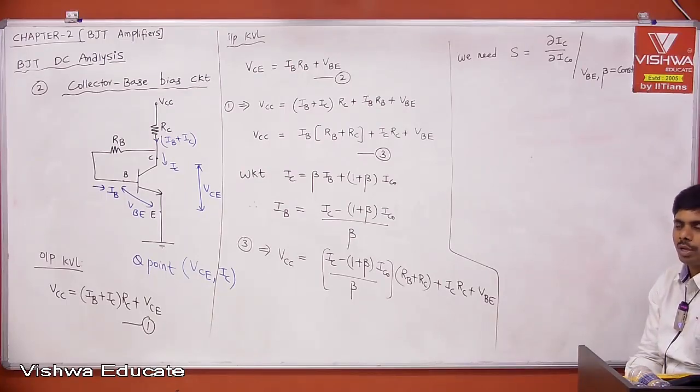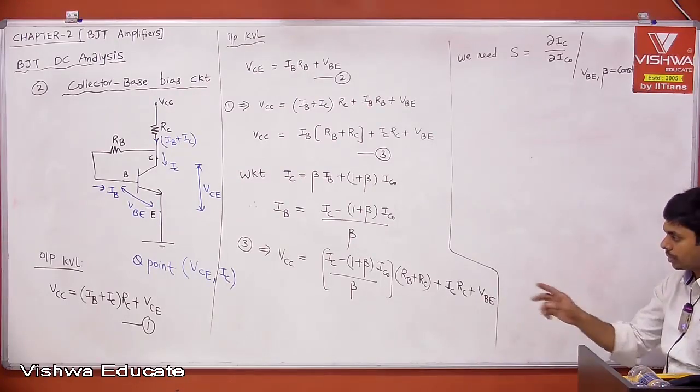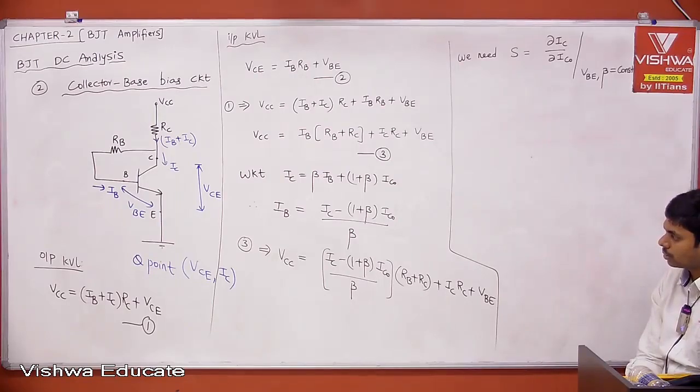Therefore, if you are able to keep IC constant, then your operating point is constant. Therefore, this is what is Q point stability. We are able to achieve Q point stability using feedback, that is, negative feedback. Tell me what the S value is. Is it over? I will give one more minute. Try to derive that.